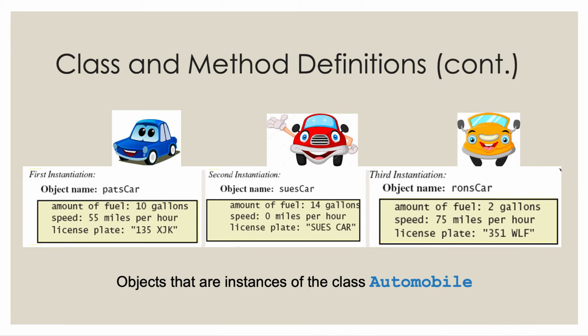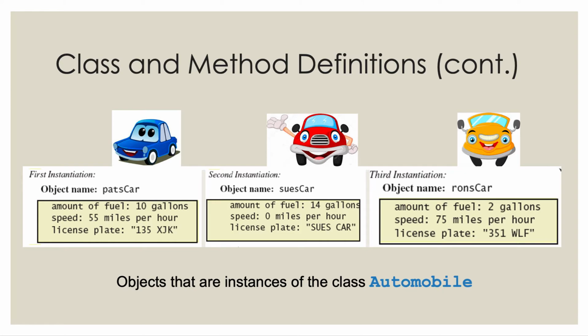Alright, we have a class of Automobile, and this figure shows 3 automobile objects that are instances of the class Automobile. So we can create or instantiate several objects of the same class.